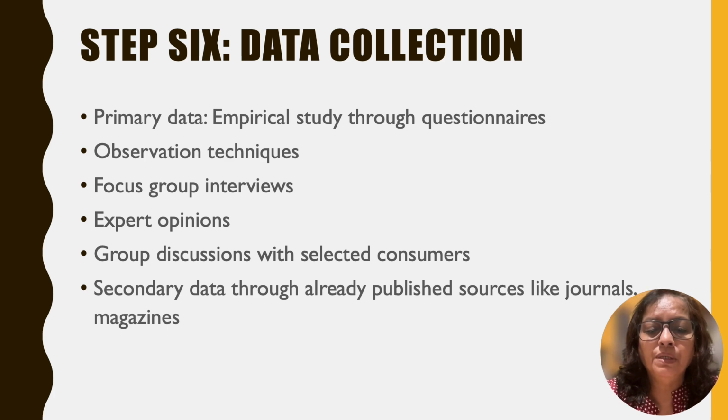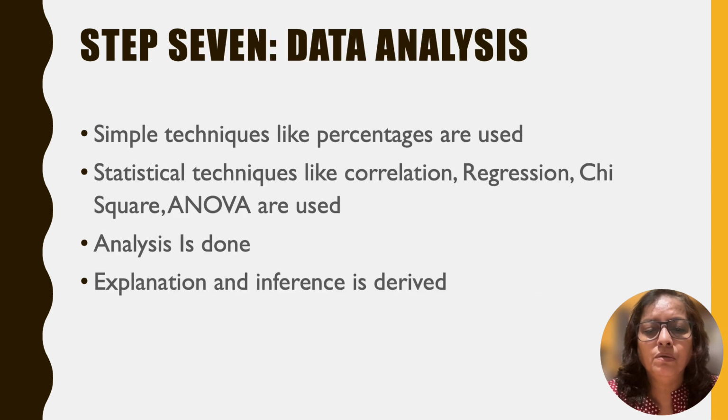Sometimes you have observation techniques, focus group interviews, as I've said before, expert opinions, group discussions with selected customers, etc. Secondary data, as we said before, is from already published sources.